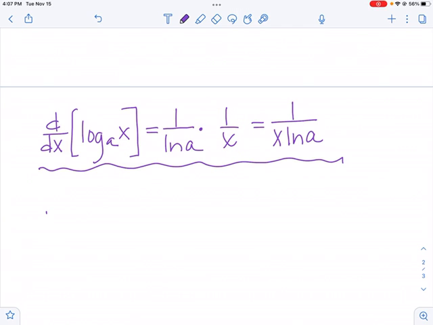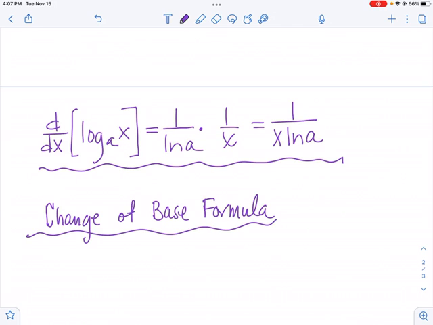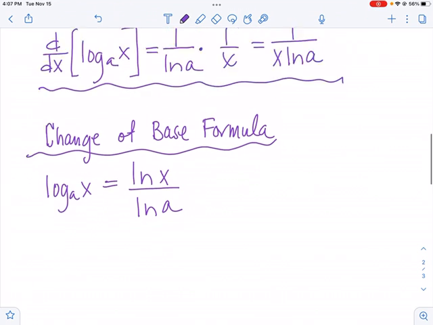Well, remember the change of base formula? Log base a of x is equal to ln of x over ln of a. Now you'll kind of see where things are going here.